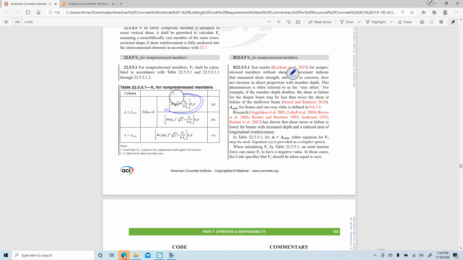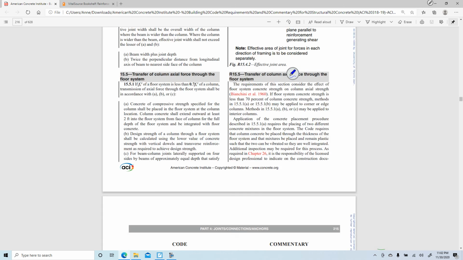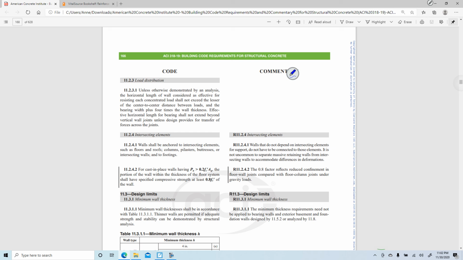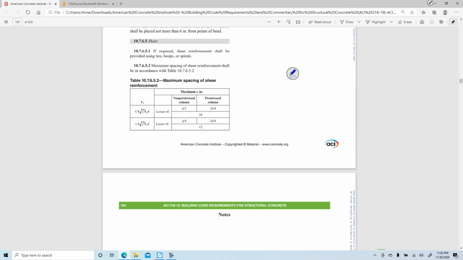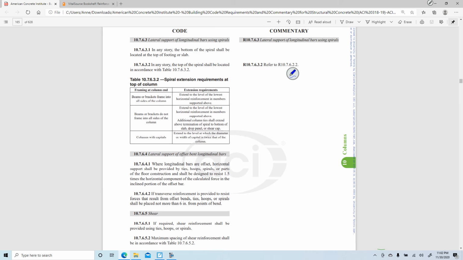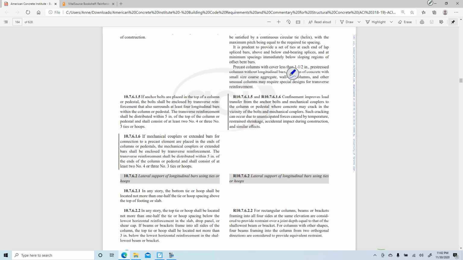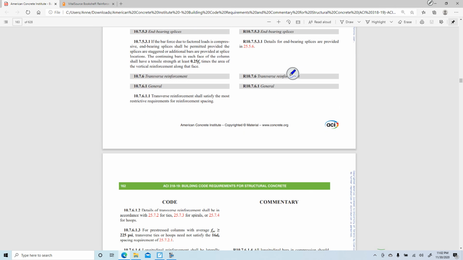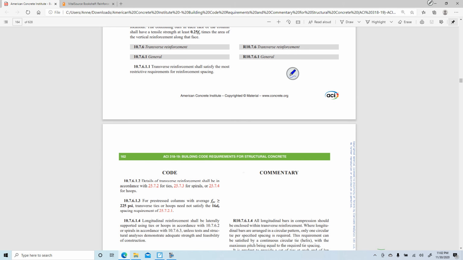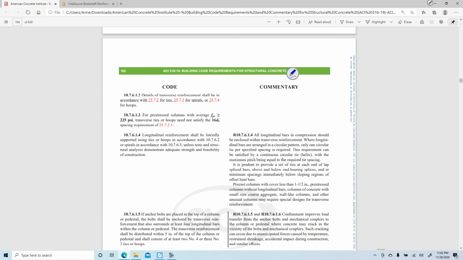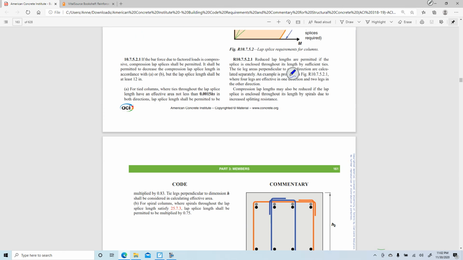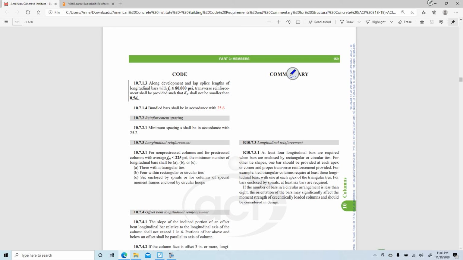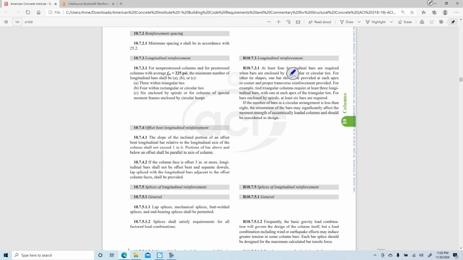Let's go back and check. What's AV min? That's back in chapter 10. My minimum shear reinforcement, transverse reinforcement shall be... Hold on, where is it?